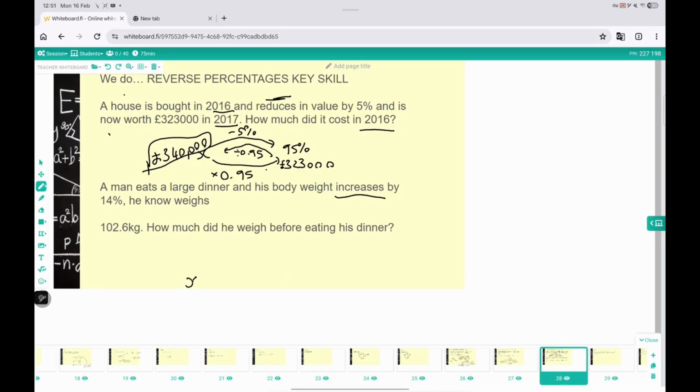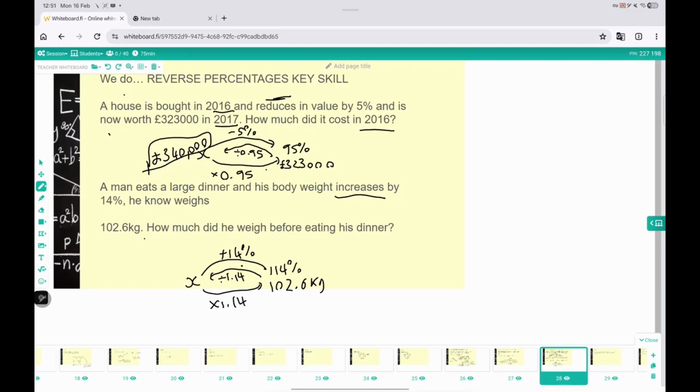So he originally weighed a certain amount before increasing by 14%, meaning he's now 114% of what he was, which takes him to 102.6 kilograms. Okay, so we must have had to times by 1.14 to get him up to his new weight. So it follows that if we want to reverse that, we need to divide by 1.14.